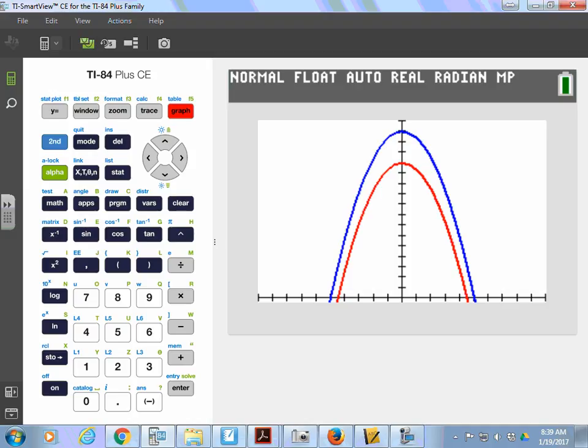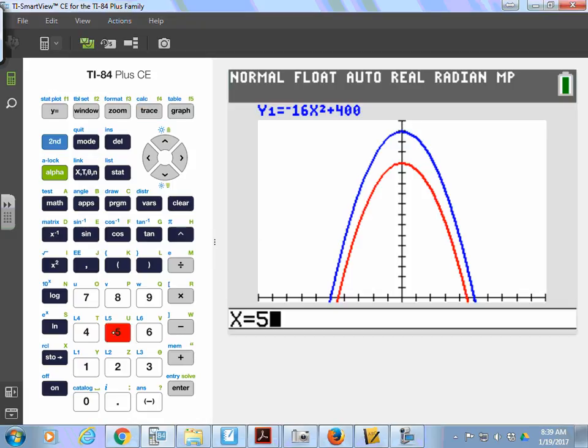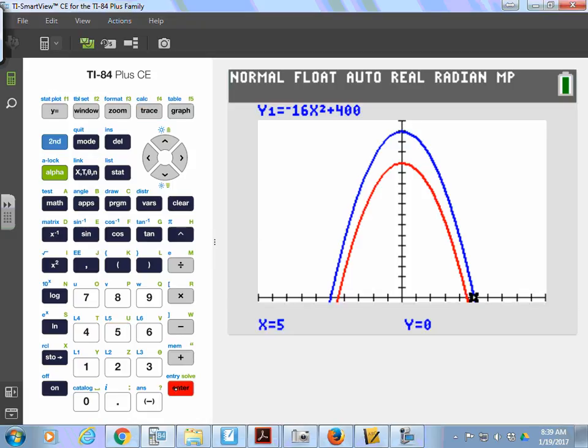Trace, type in 5, and hit enter. The height y equals 0 after 5 seconds. So the ball that's dropped from 400 feet will take 5 seconds to hit the ground.